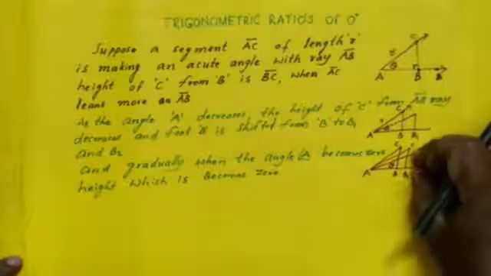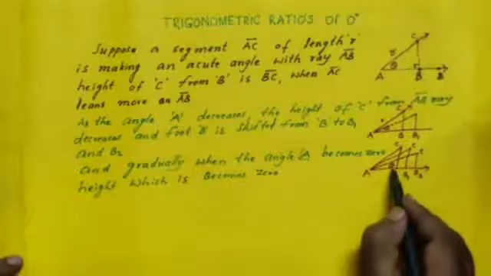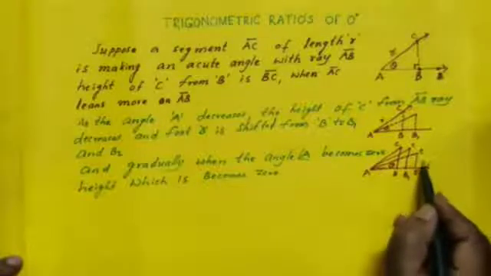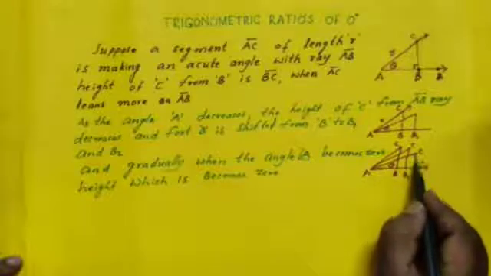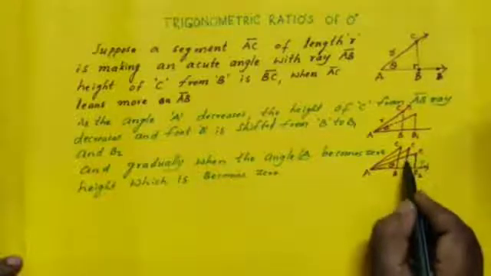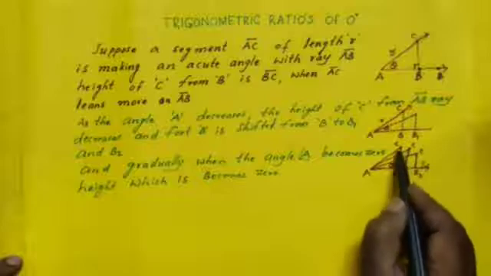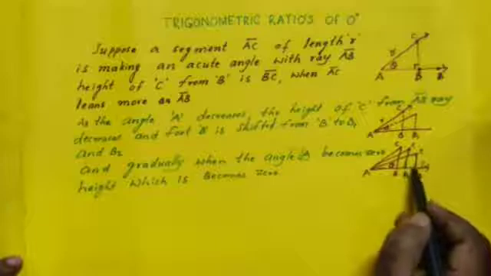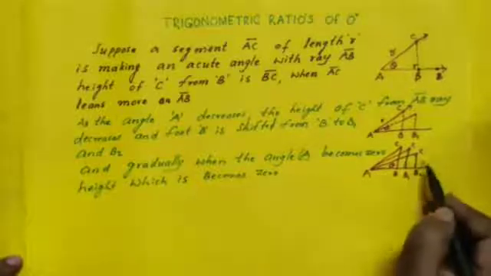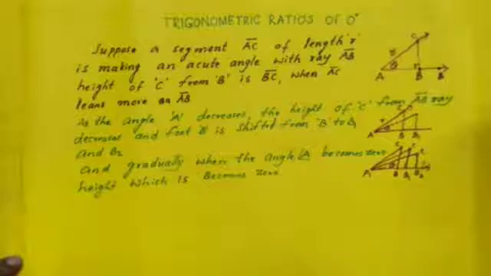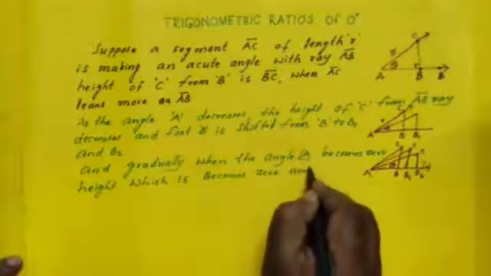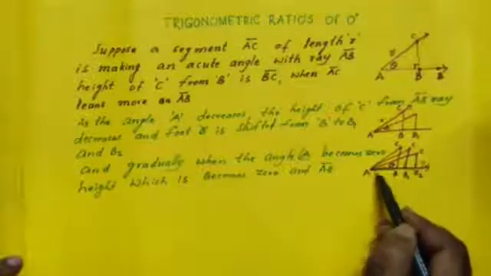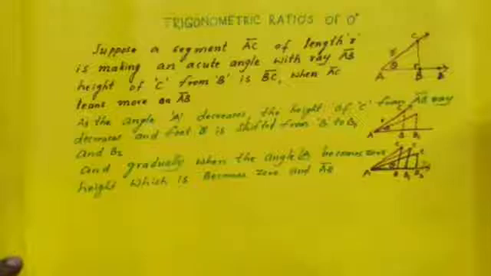This BC length also becomes 0. As theta decreases, the B2C length is lesser than CB1, and it is lesser than CB. When theta gradually becomes 0, the height becomes 0, and also this AB gradually becomes equal to AC.